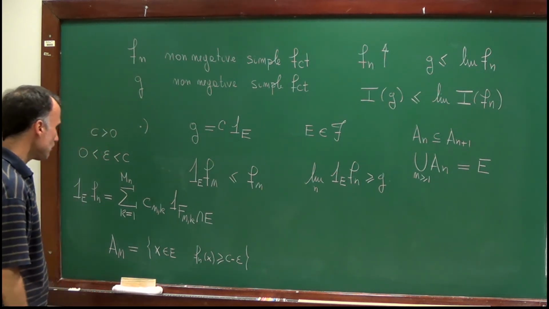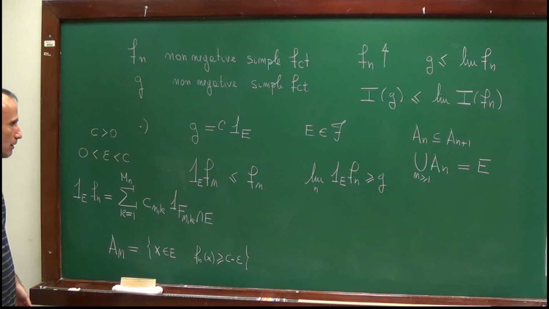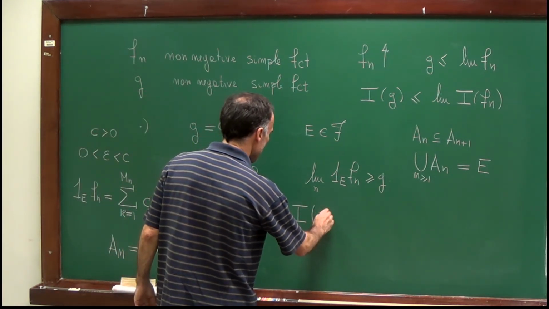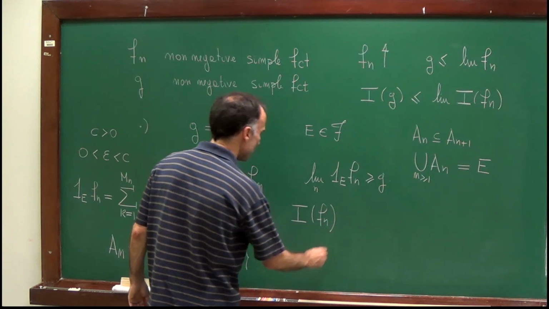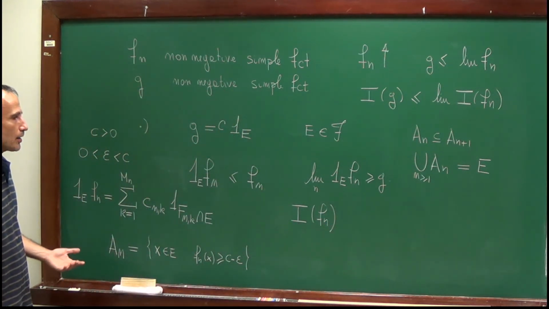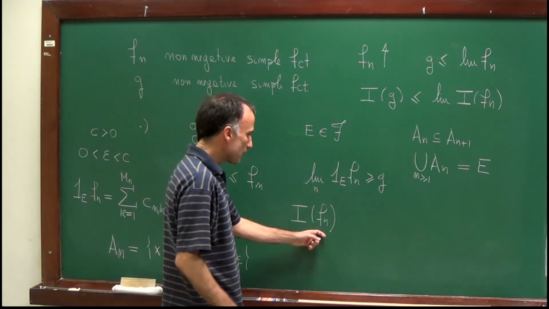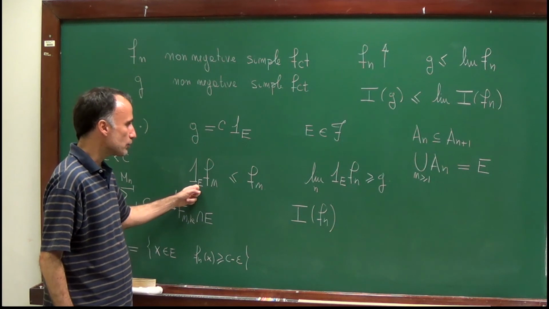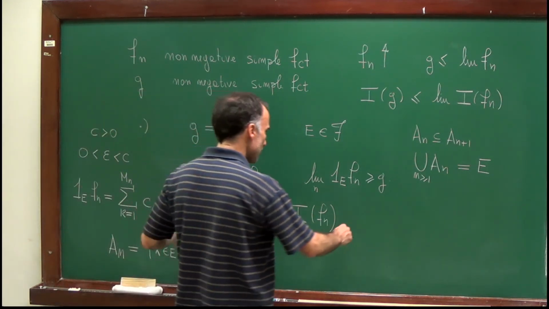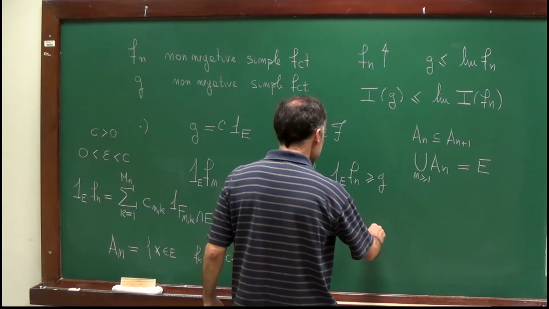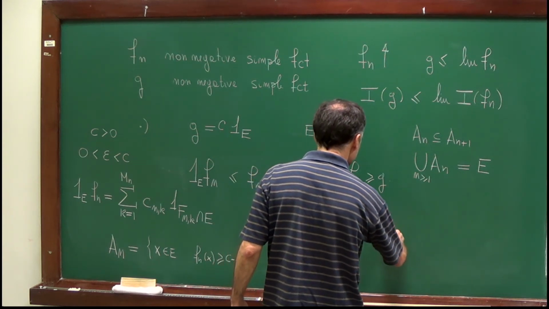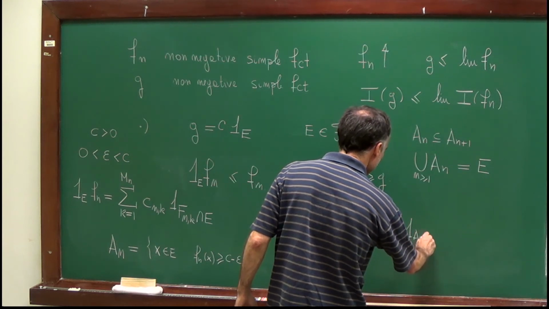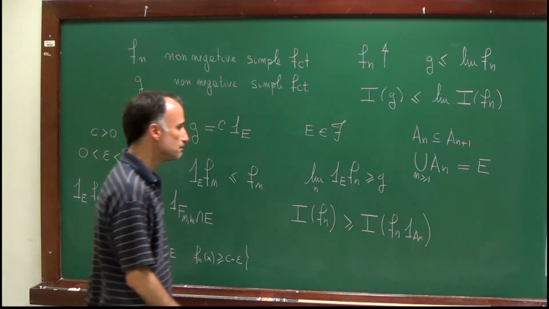Now, let us write the following. We have I of f_n. By the inequality, since f_n is larger than f_n times the indicator of A_n, this is larger than I of f_n times the indicator of A_n. Right?